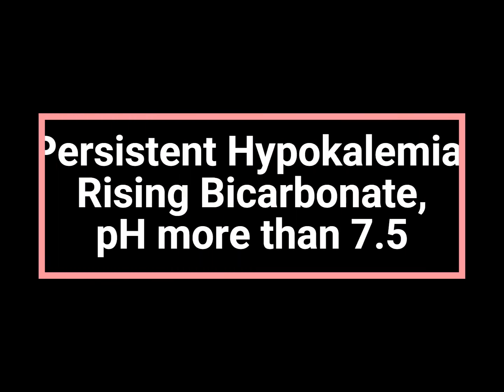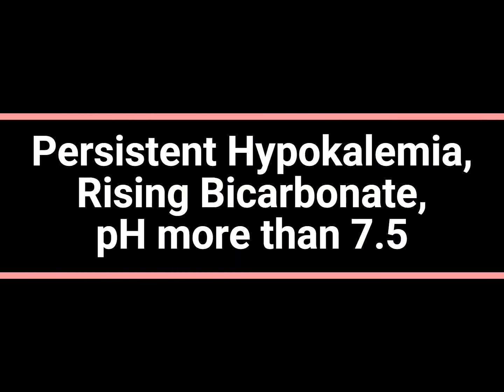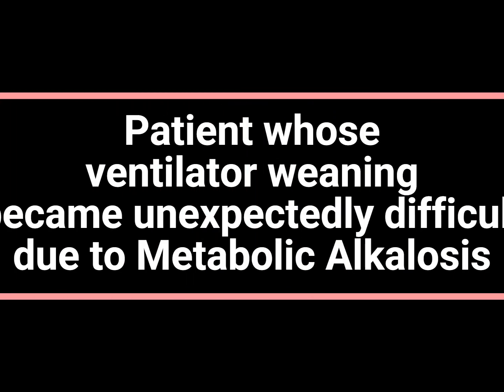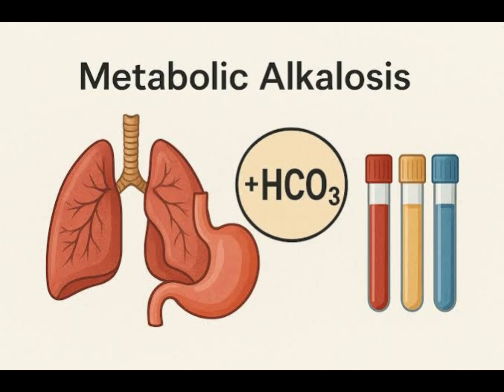Have you ever encountered a patient with persistent hypokalemia, rising bicarbonate, and a pH of more than 7.5 despite stopping diuretics? Or an ICU patient whose ventilator weaning became unexpectedly difficult because of metabolic alkalosis? Metabolic alkalosis is often considered a benign acid-base disorder.